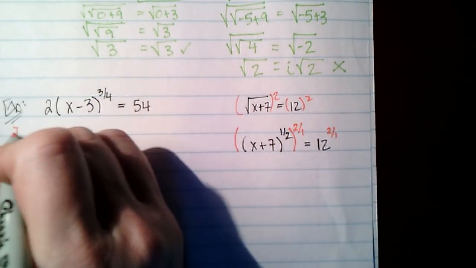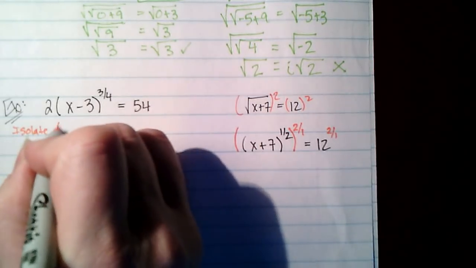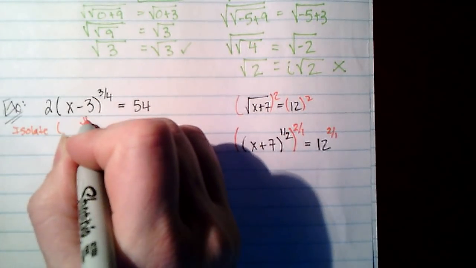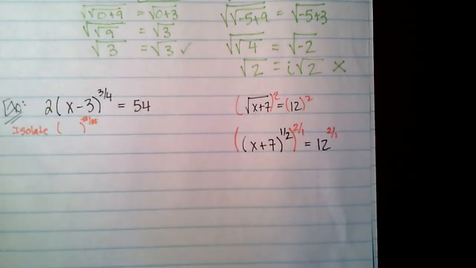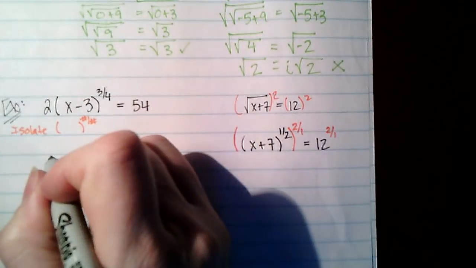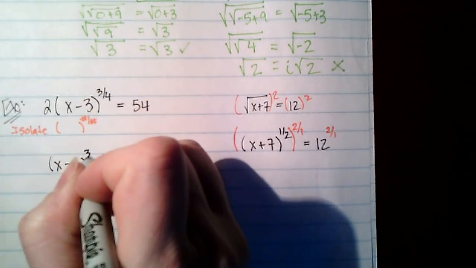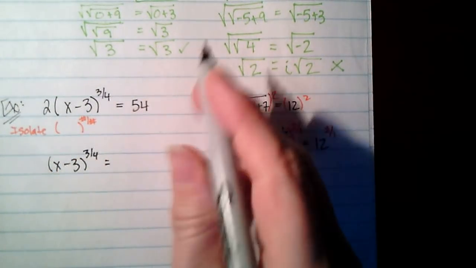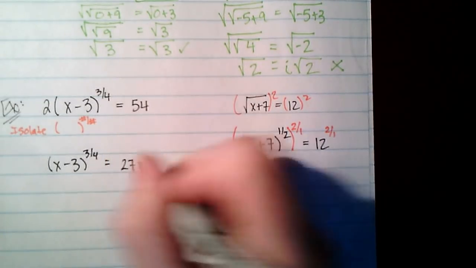First, I want to isolate the parenthesis to the fraction. So I'll do that by dividing both sides by 2. So then I have (x minus 3) to the 3/4 equals 54 divided by 2, which is 27.